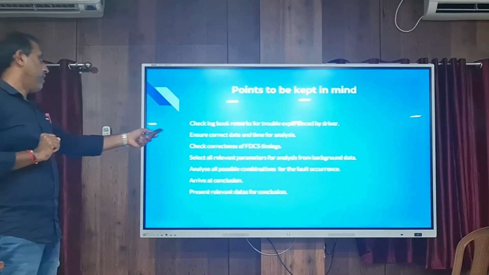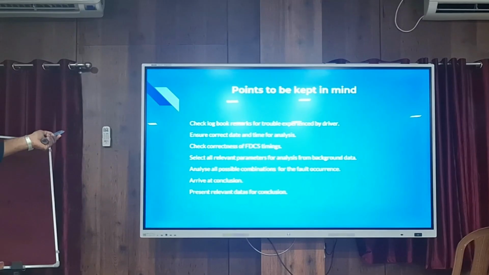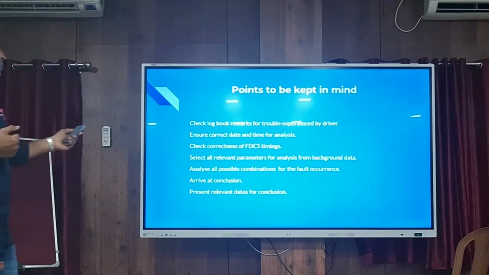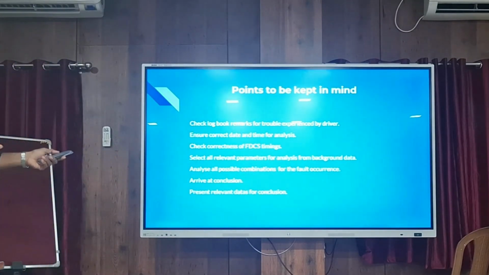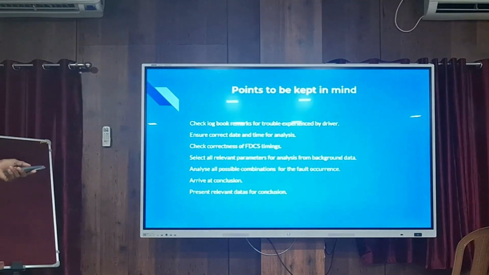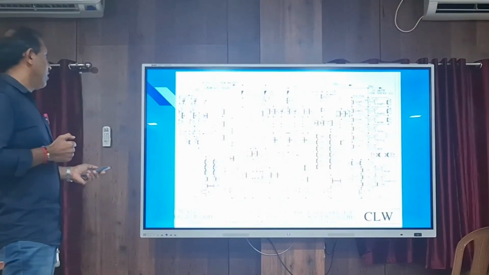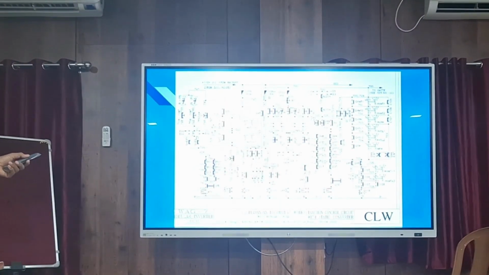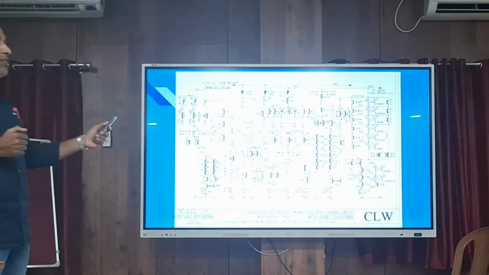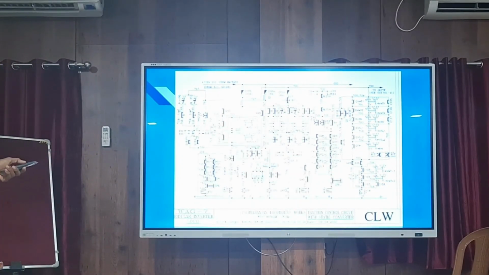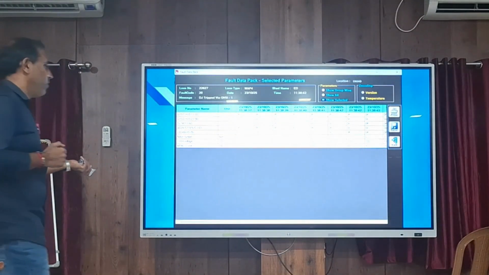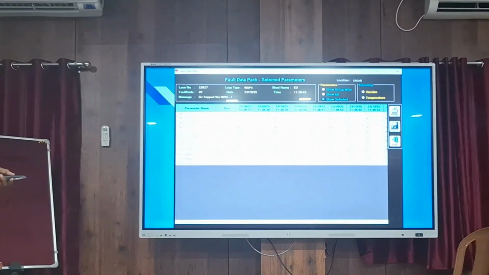Then date and time, whether it is matching with our GPS time, where you have to analyze. Then relevant parameters: what are the relevant parameters we have to select? That should be known only if the circuit is covered. Then only can we know which parameters have to be selected. Otherwise, if we miss one, we will not be able to identify.